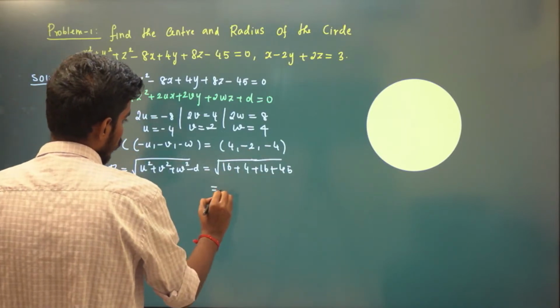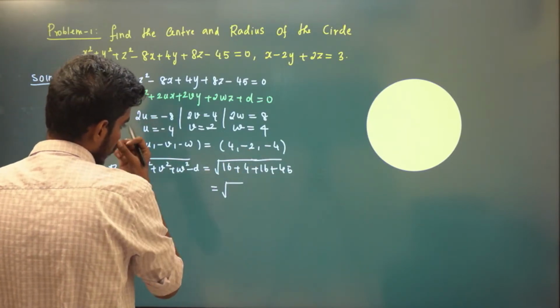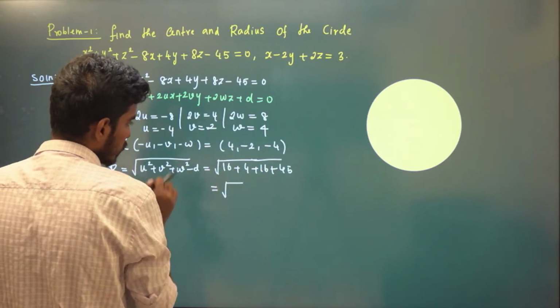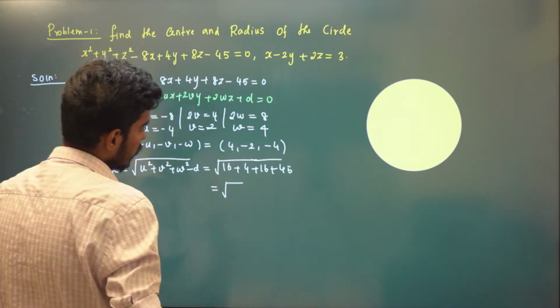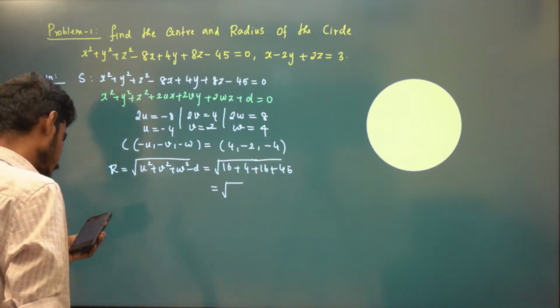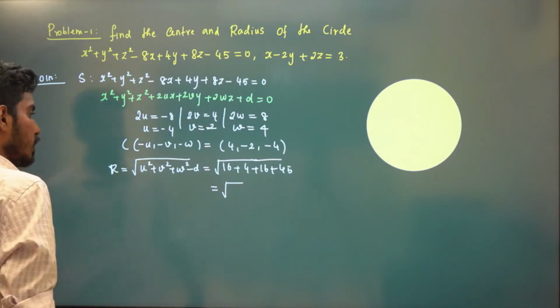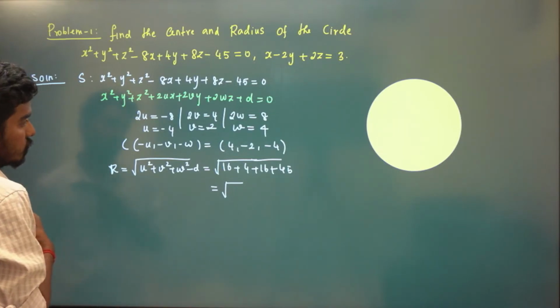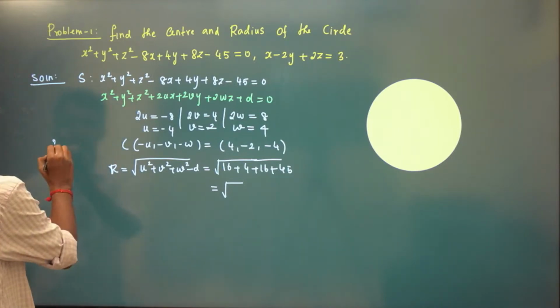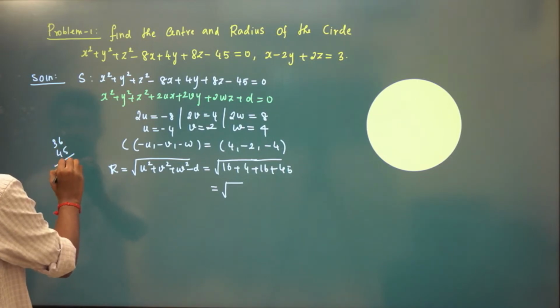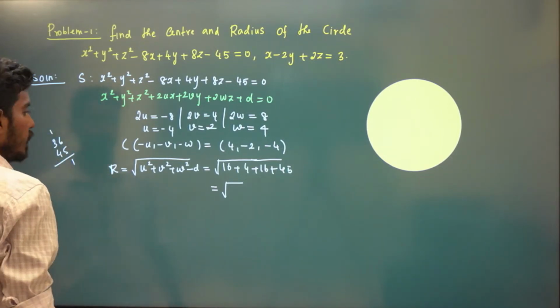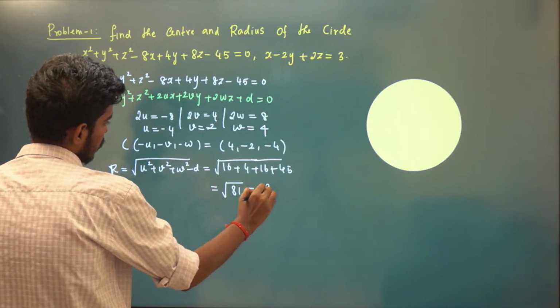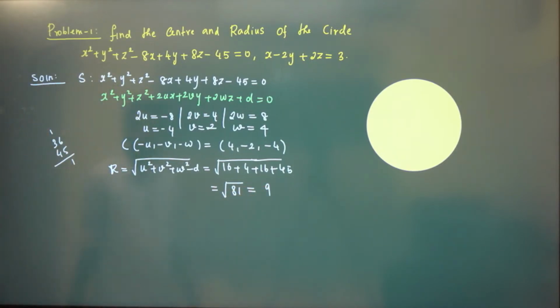So this will be the root of 36 plus 45. 36 plus 45 will be 81, and the root of 81 is 9, right? Okay.